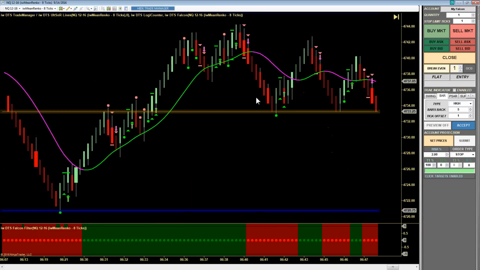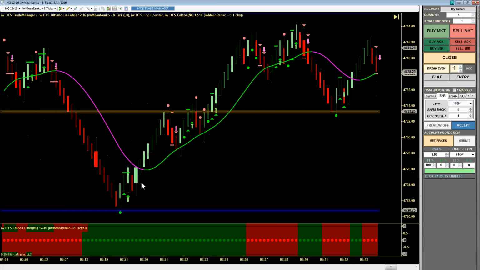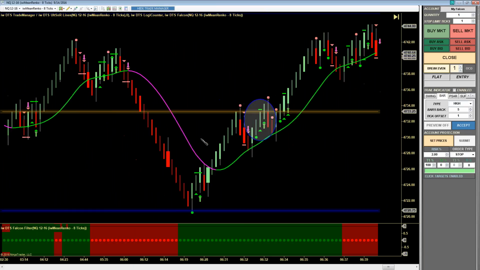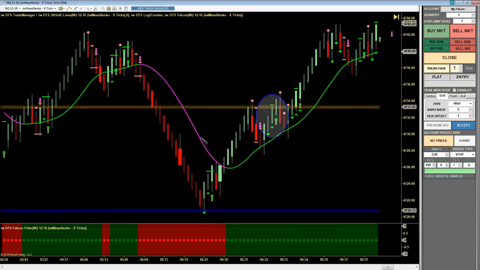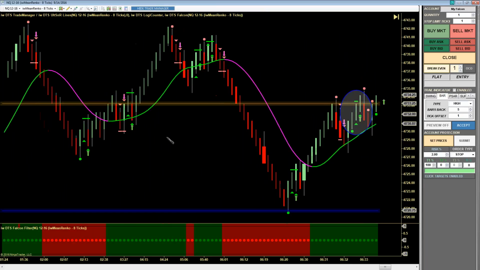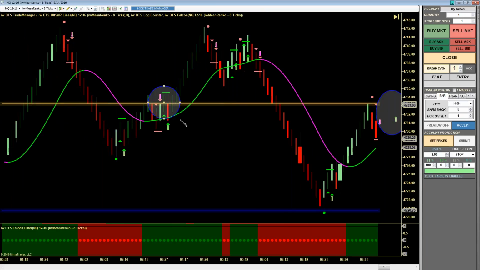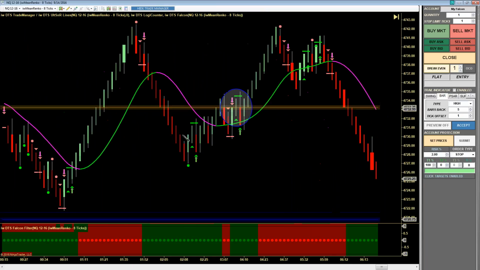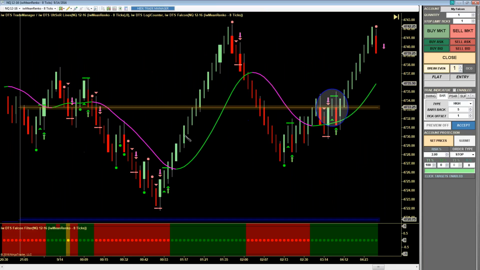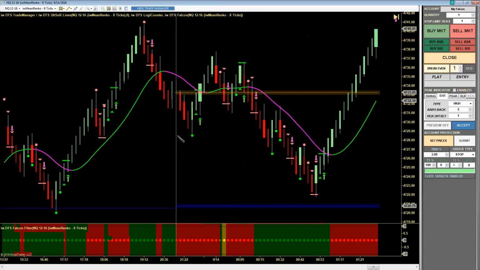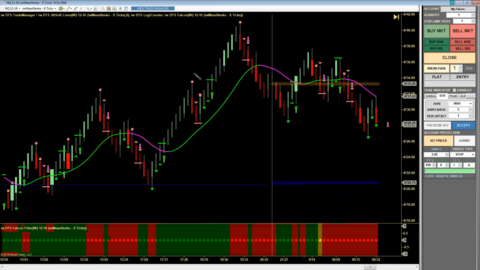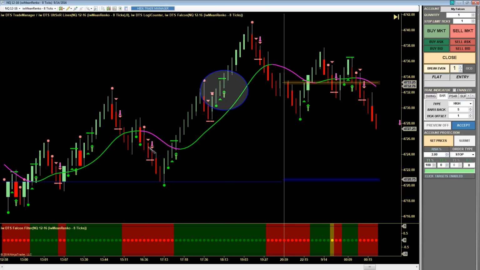No trend change to the downside. Here's a trend change to the upside again. This is an early trend change signal, but that's a little bit of a refinement. Here's a trend change signal higher. Here's another trend change signal. So whenever you see the trend line change color, I'm looking for that little bit of a pattern and for that signal to develop.